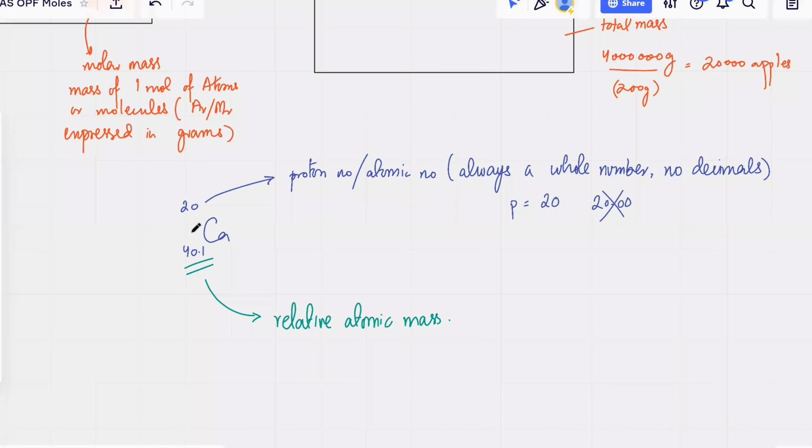So don't look at the position, just look at the smaller number is the proton number, the bigger number is the relative atomic mass. Sometimes another word is used to describe this number. What is that other word? Nucleon number. So in this particular case, remember this one is not the nucleon number.